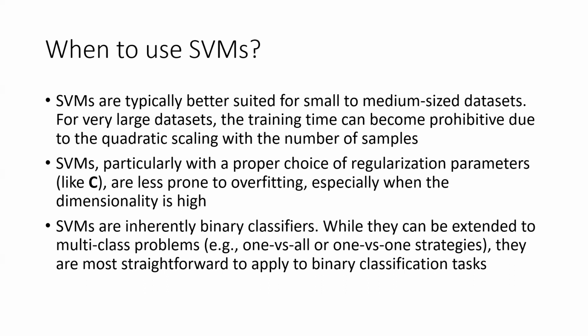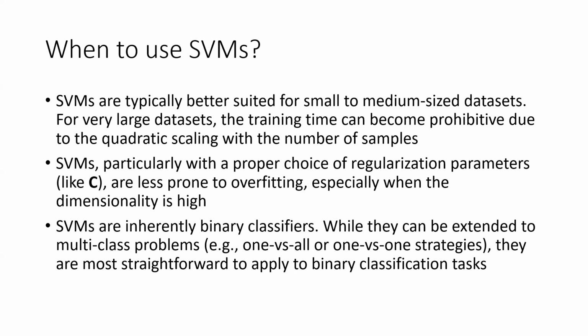And you can use the C parameter for regularization against overfitting. When the dimensionality is high, you can use different values, and you can tune the radial basis function as well. Also, support vector machines are inherently binary classifiers, unlike logistic regression and softmax classifiers.